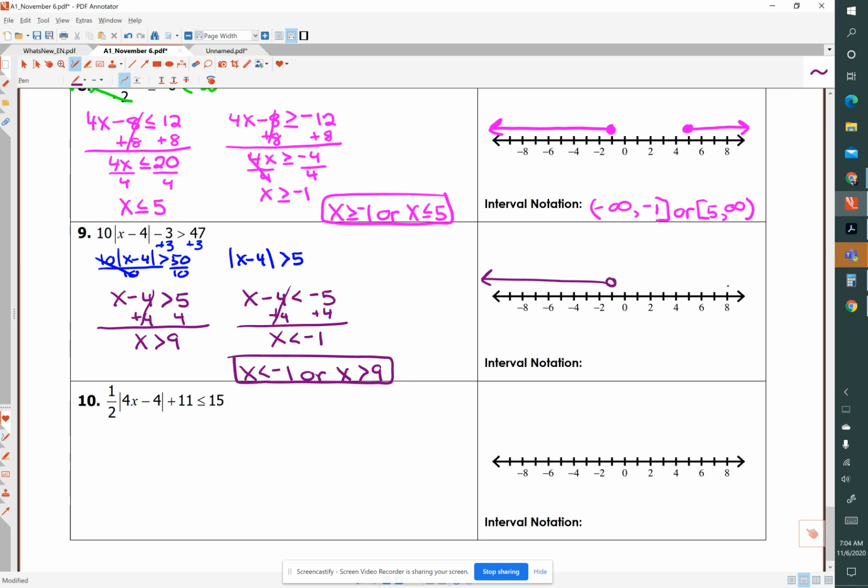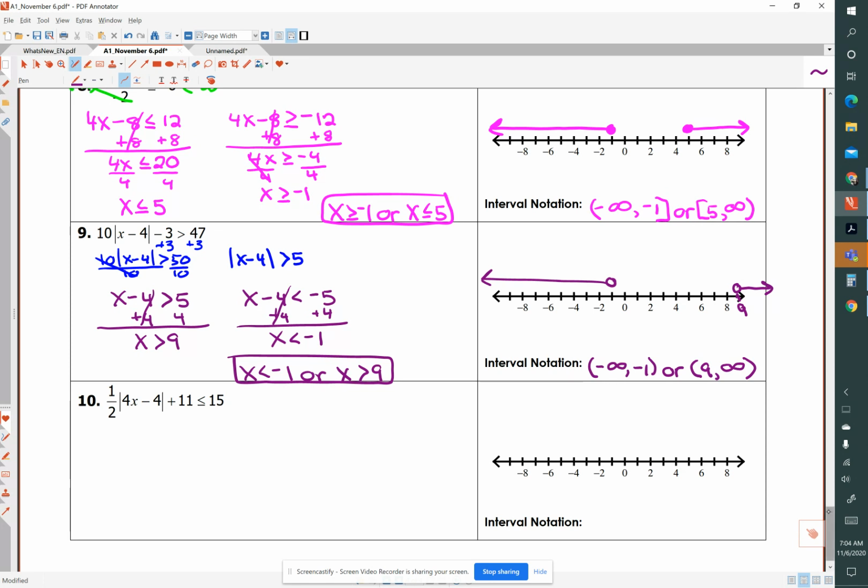And we need to add a little bit to this graph. Let's add a 9. Open circle, and all the way to positive infinity. Our interval notation: negative infinity, comma, negative 1, parenthesis, or parenthesis 9, comma, positive infinity, parenthesis.